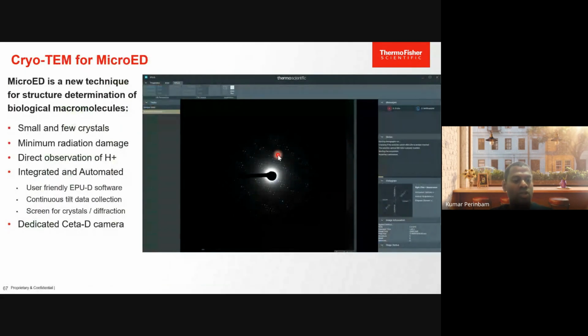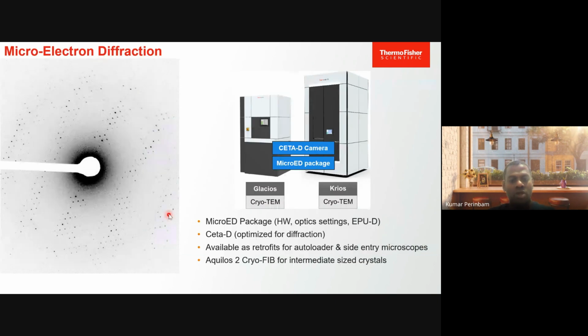And some of the researchers who have still been doing crystallography are also shifting to MicroED, where they take the crystals and put them in the path of the electron beam, so you get diffraction patterns, very similar to X-ray diffraction, and solve the structure similarly.